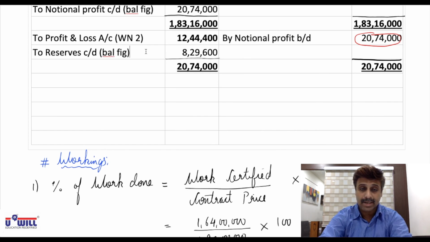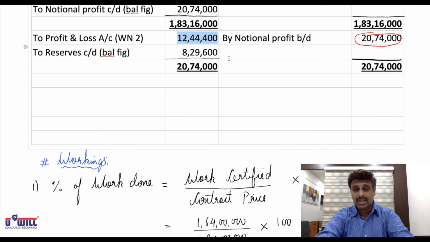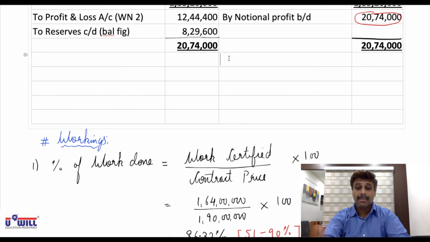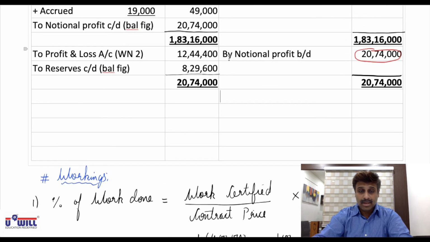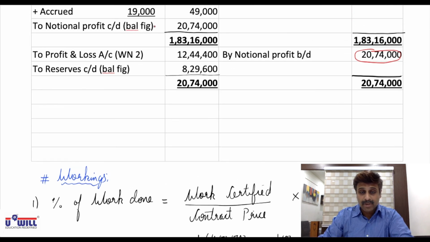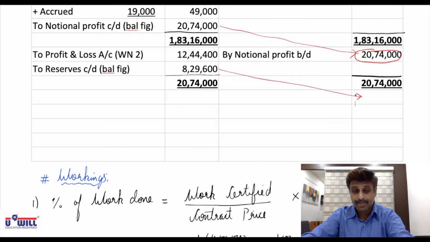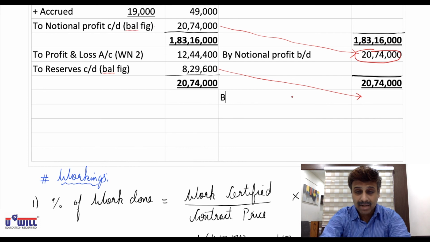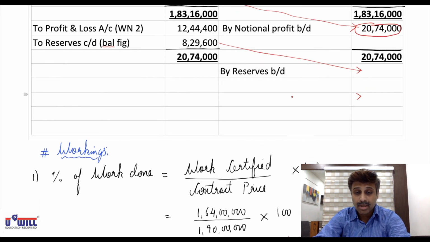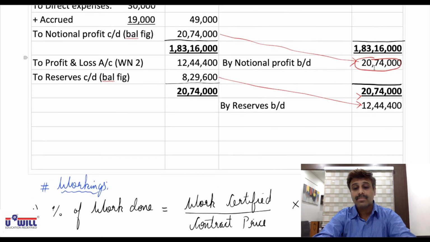Balancing figure again. Now the third part, which I explained in the first lecture, is the opening balances of next year. Like notional profit, first you take reserves on the opposite side. So the last part will represent the opening balances of next year. By reserves brought down 12,44,400.